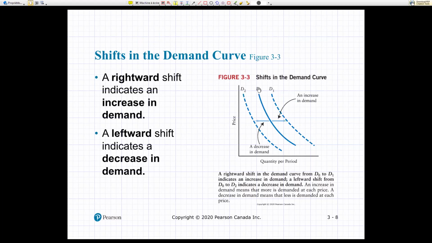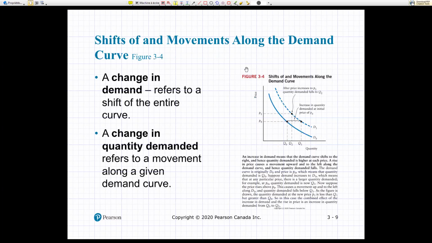If something else that is not price or quantity changes, then you have a shift in demand, like a rightward or leftward shift from the demand curve D0, which is this whole curve, to D1 or D2. The other situation is a shift along the demand curve, which would be a change in price causing a change in the quantity demanded.